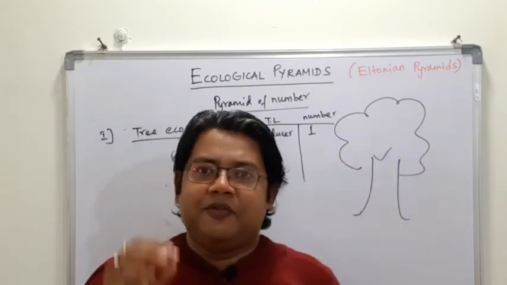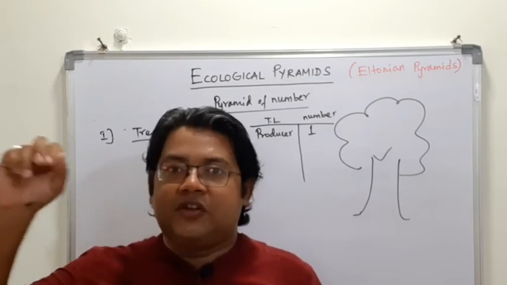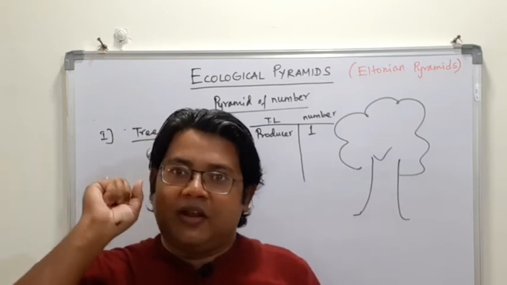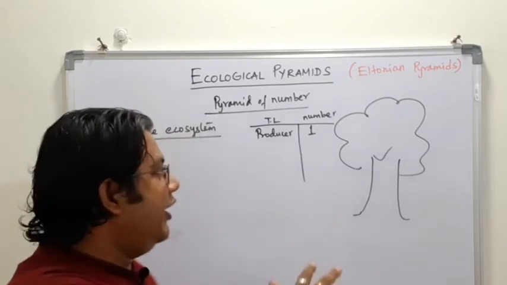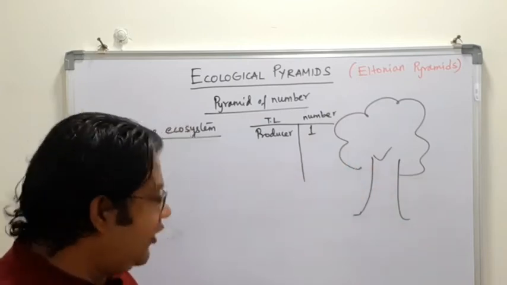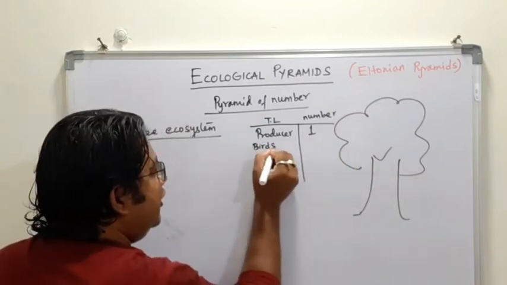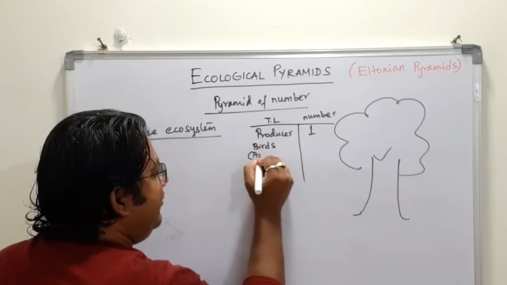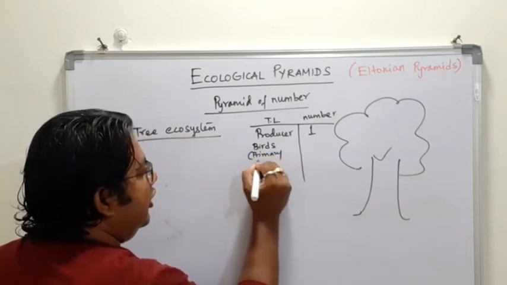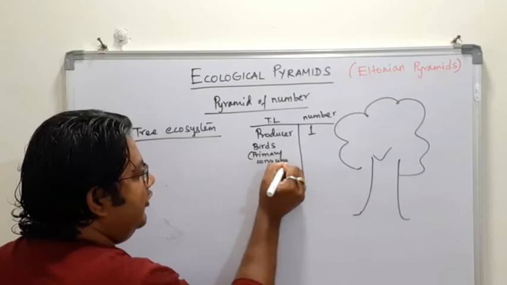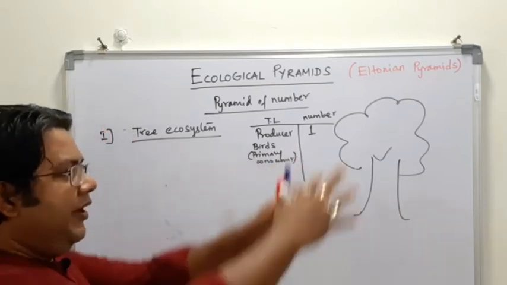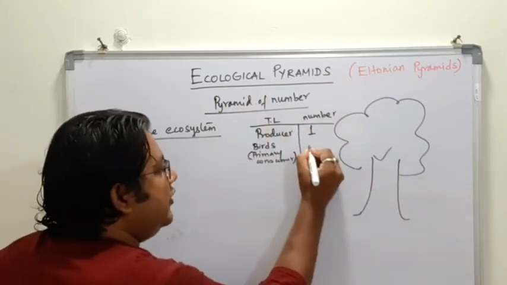So there are some herbivore birds which feed on the fruits, the green plants, the leaves, and they feed on this tree. So I'll write some birds, I'll take as an example the birds which are the primary consumers. These are herbivore birds. So let us say it's a big tree and there are about 70 birds.